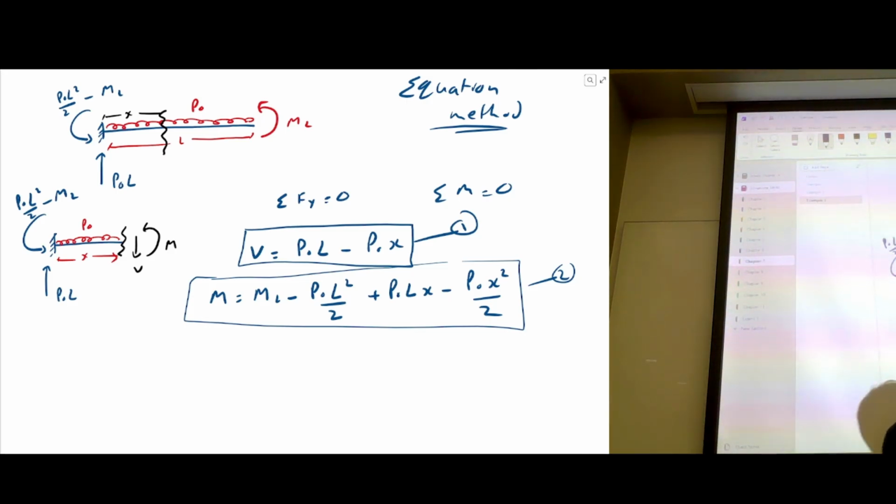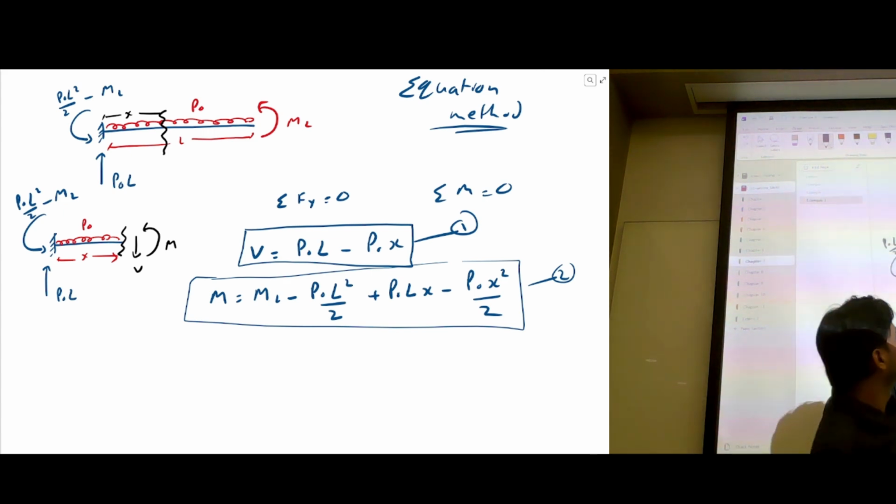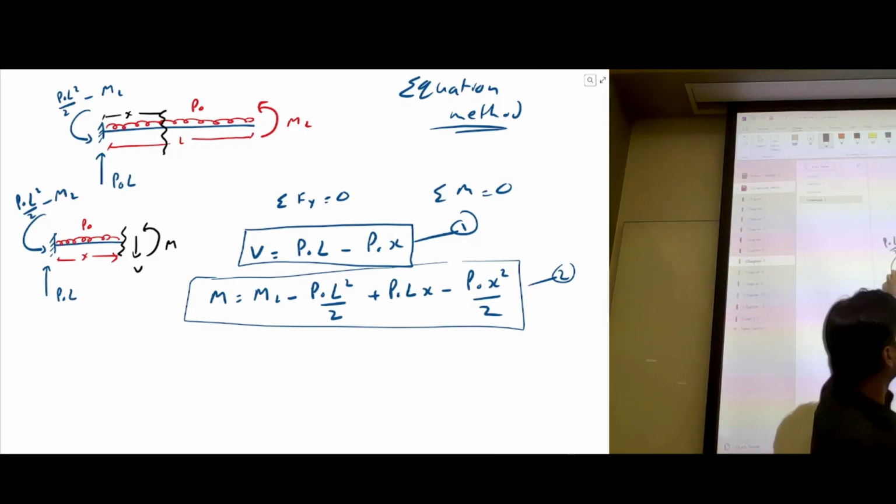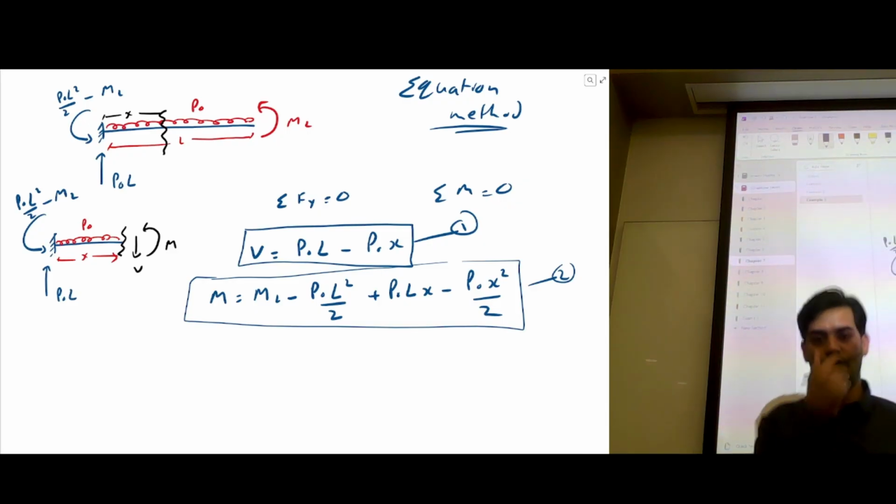If anyone has some questions about this, they can ask, but all I have done is use the equilibrium equations. I've done summation of Fy equal to 0, that is P naught L minus this, and you're going to get this value. If you do summation of moment at this point equal to 0, it's going to be this, with the moment arm from the load, and this moment and shear, and you're going to get this moment value.